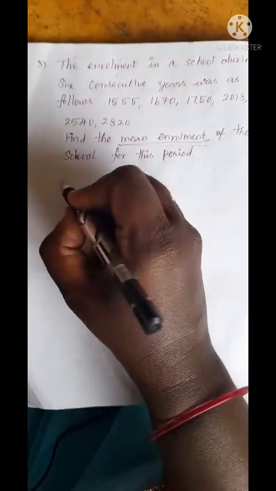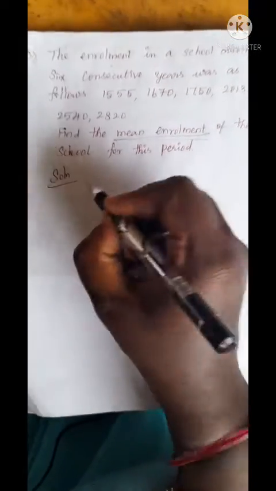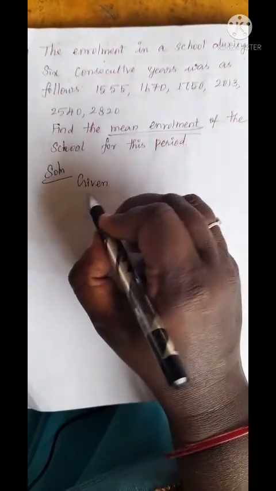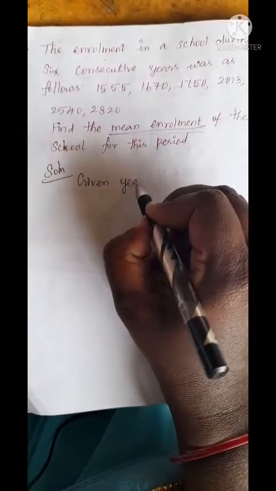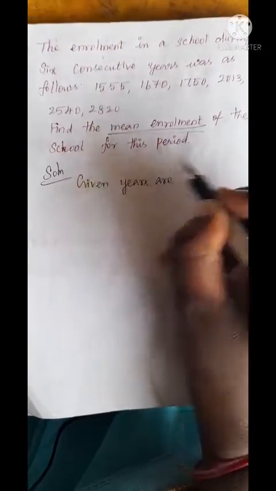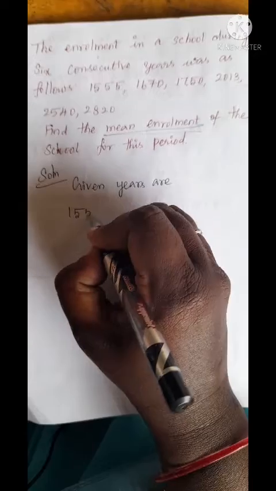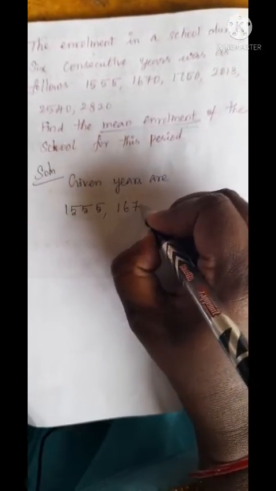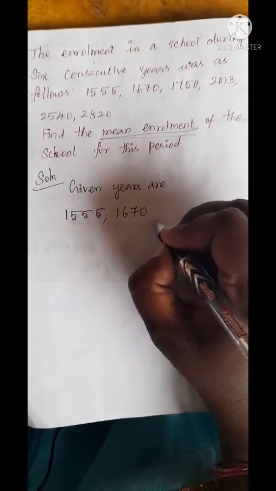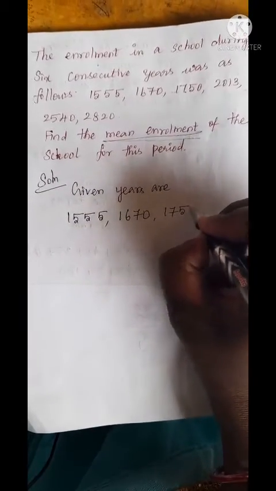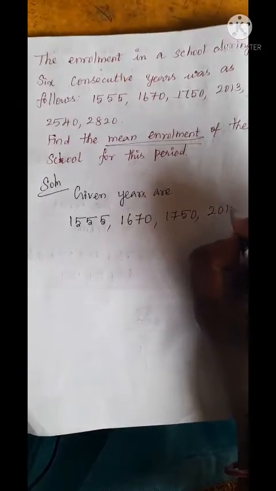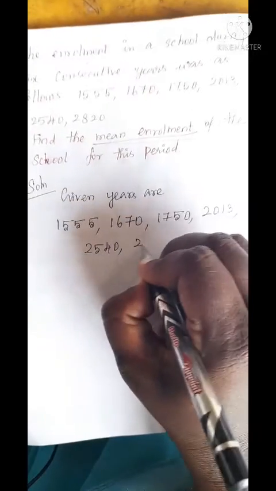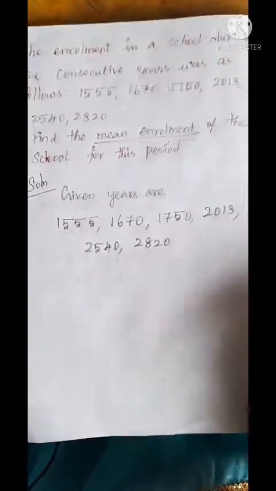Now the solution. First, write the given 6 consecutive years. Given years are: write what is given, as it is. 1555, 1670, 1750, 2013, 2540, 2820.